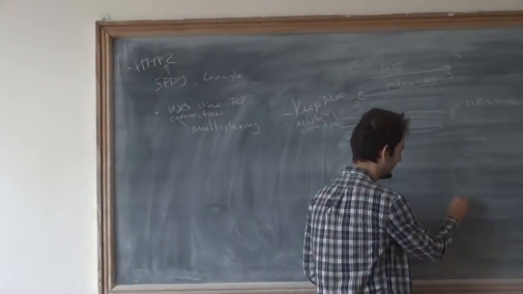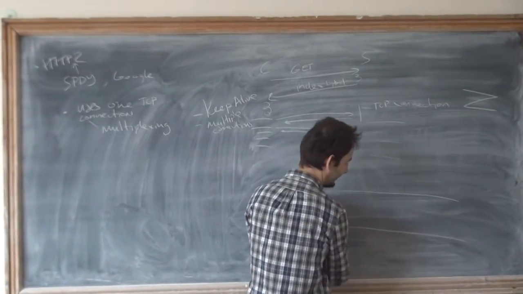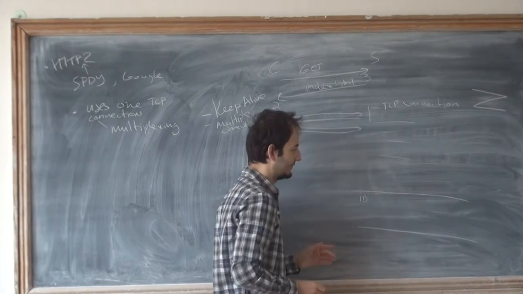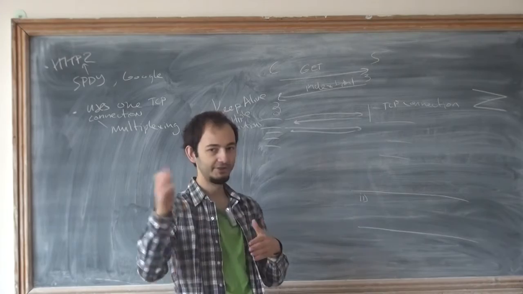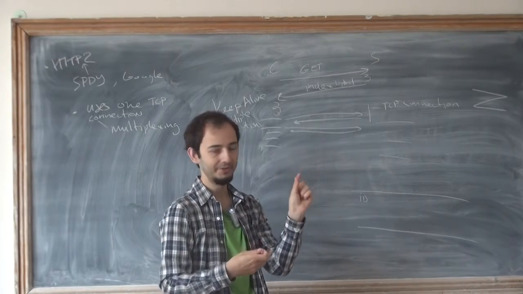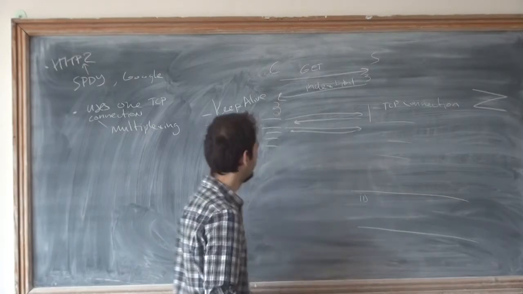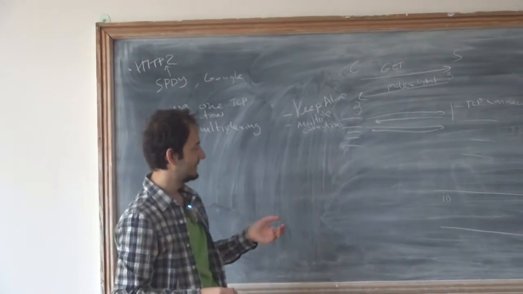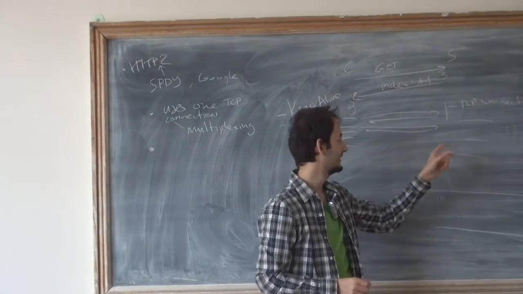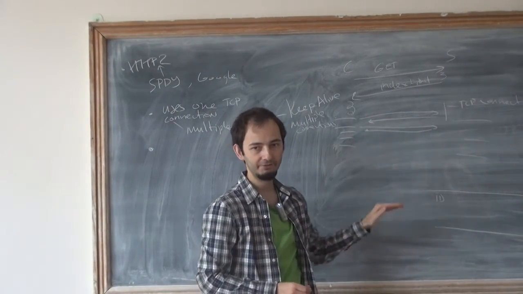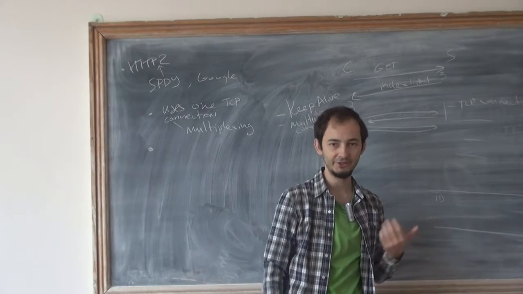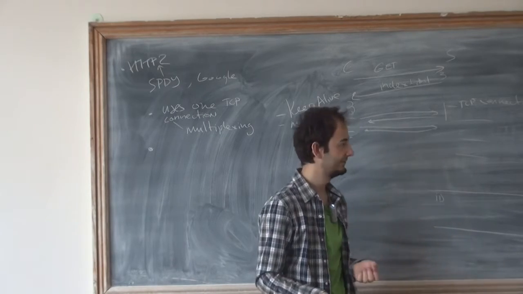Basically, you can have multiple streams going through the same pipe. And each stream has its own identifier, so you know which data belongs to which substream in this connection. And the obvious benefit is that you don't have to re-establish a TCP connection for every single resource. You have just one. And you keep it open for as long as your session lasts, or for as long as there is stuff to transfer.